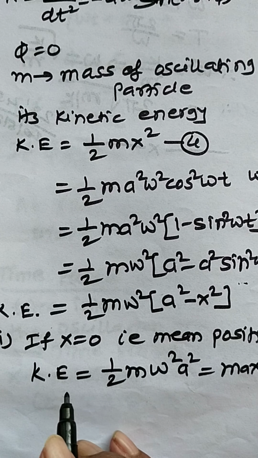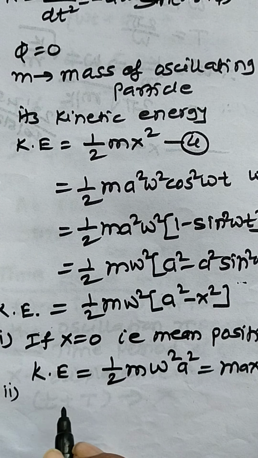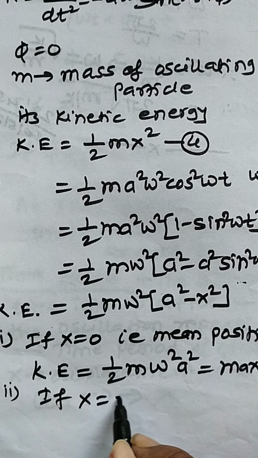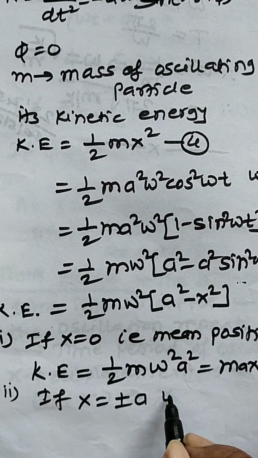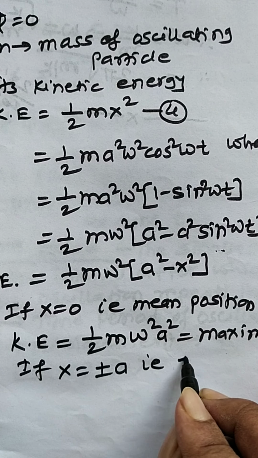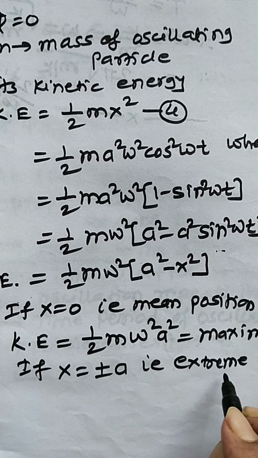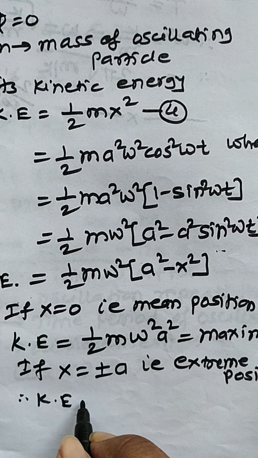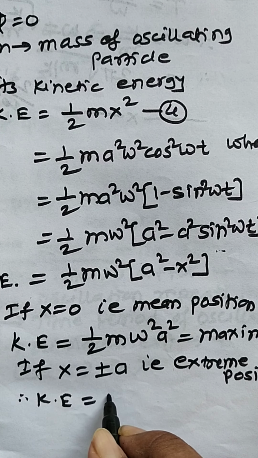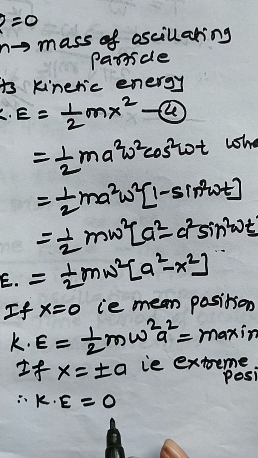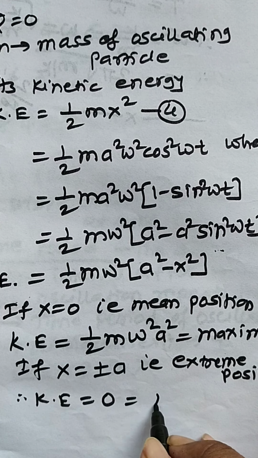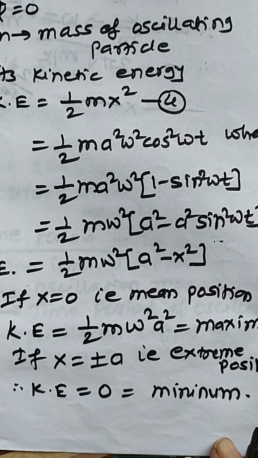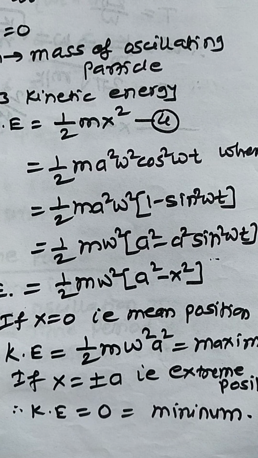Case 2: if x is equal to plus or minus a, that is the extreme position, then the kinetic energy is equal to 0, which is the minimum.